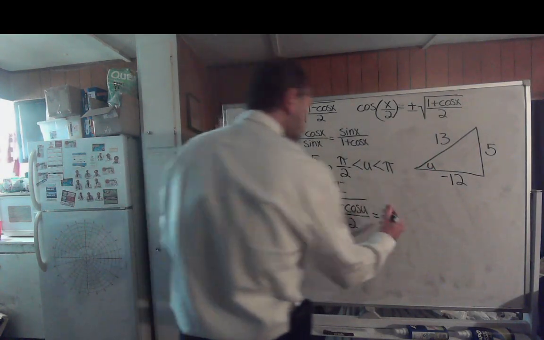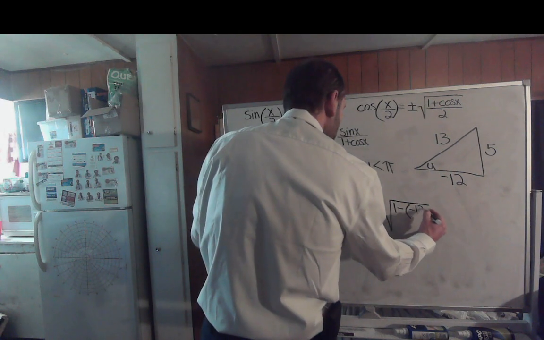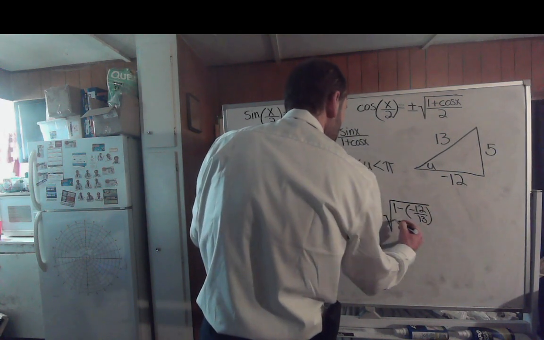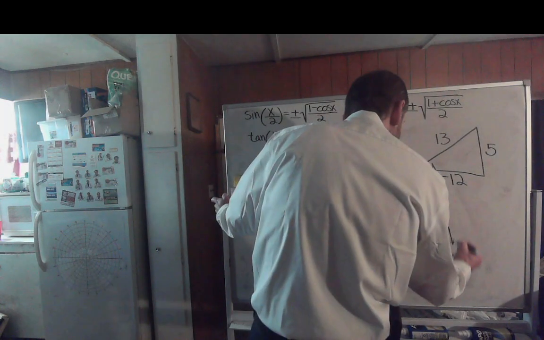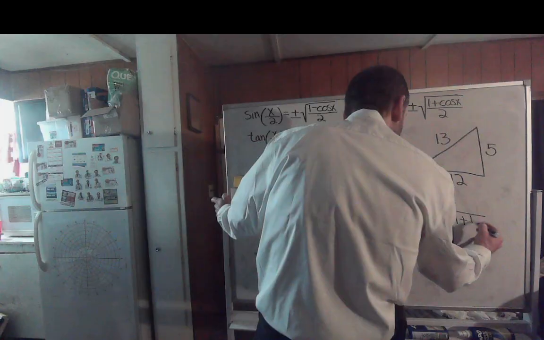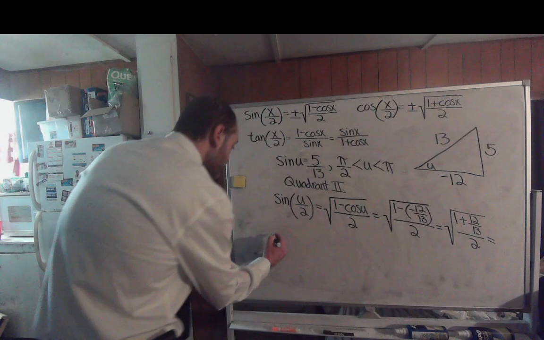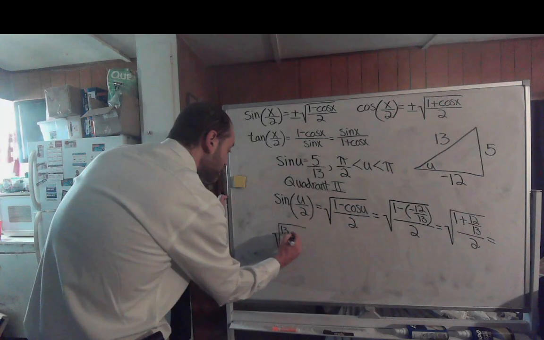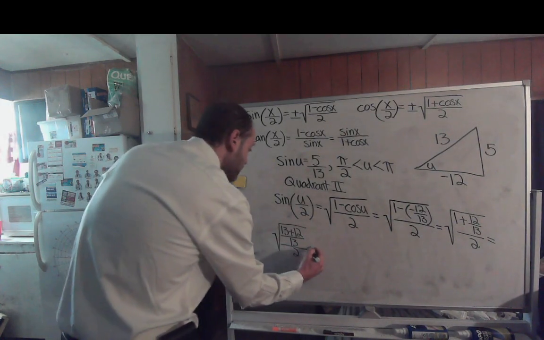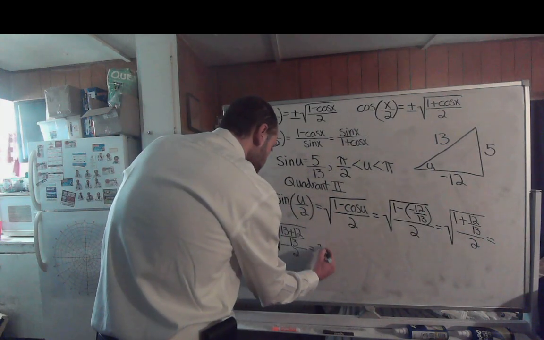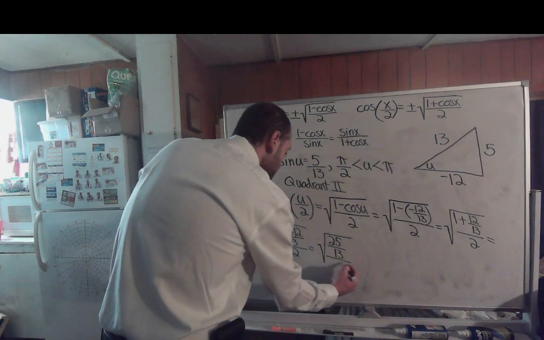That's negative 12/13, so this would turn into the positive square root of 1 minus negative 12/13 all over 2, which would turn into the positive square root of 1 plus 12/13 all over 2, which would turn into the square root of 13 plus 12 all over 13, all over 2, which equals the square root of 25 over 13, all that divided by 2.